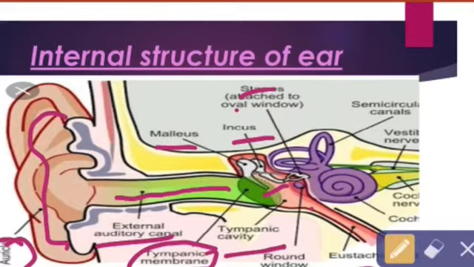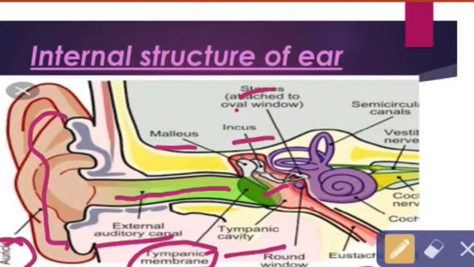The flat part of the stirrup fits into the so-called oval window. Actually, the stapes's other name is stirrup, and the oval window is a membrane-covered opening leading to the inner ear. Then there is a round window, which is also covered with a thin membrane. It also connects the middle ear to the inner ear.